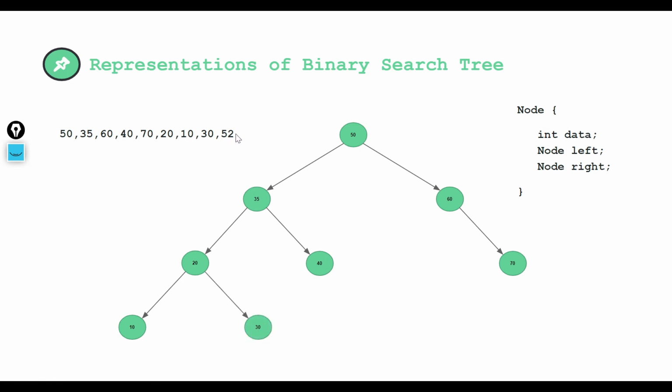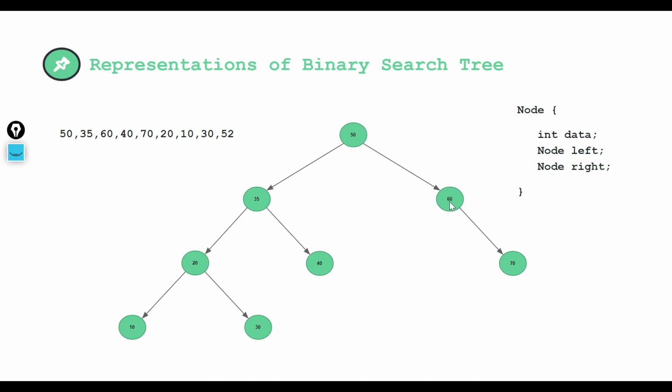Now the next element is 52. So 52 will compare with the root node as it is greater than the root node. So it will go to the left side of the root node. So sorry, right side of the root node. Then we have 60 node here. So we'll compare with the element which we are going to add. So the element which I am going to add is lesser than the right hand side value of the node.